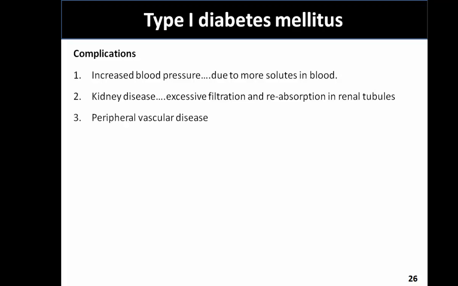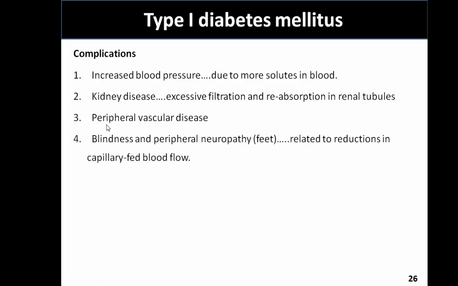The increased blood pressure can lead to various peripheral vascular disease complications, and because of this high blood pressure, the very small blood vessels, the capillaries that feed blood to the feet, and the sensory neurons in the feet and the eyes can rupture and will lead to peripheral neuropathies and blindness in advanced stages.